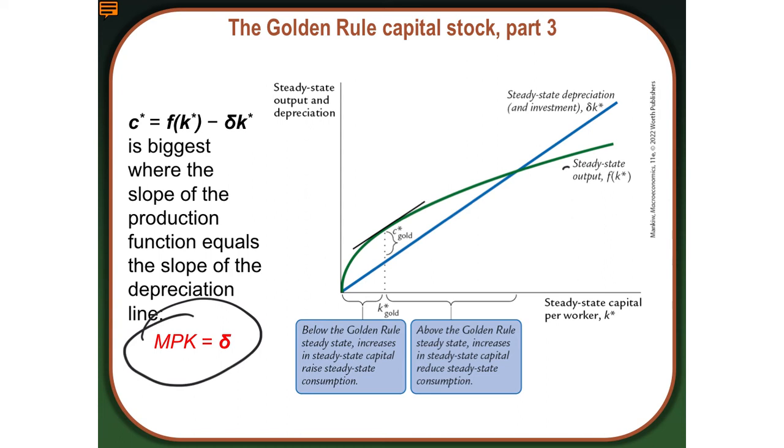And if we know the production function, we can come up with an expression for the MPK. We can figure out exactly what this is. Delta is just some number that's given in the problem, so we can actually solve for the golden rule level of capital that maximizes consumption by using this little formula here.